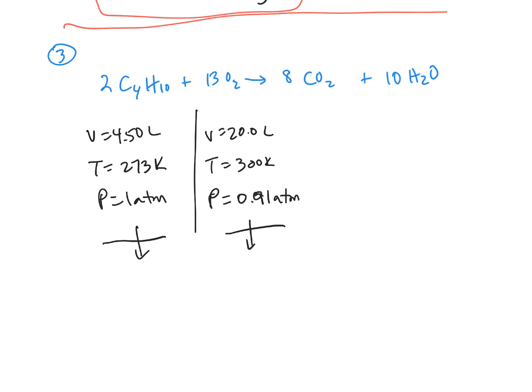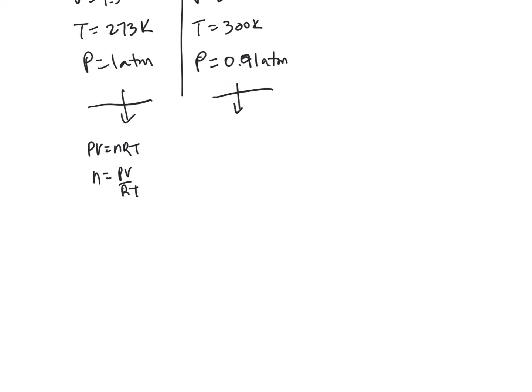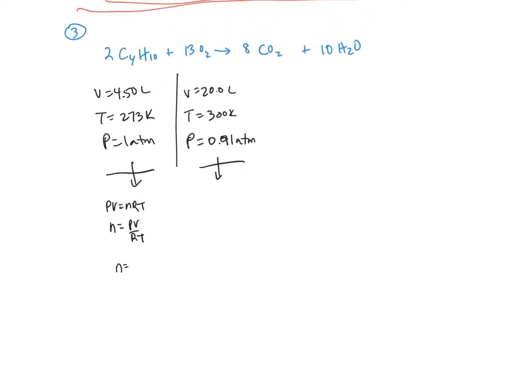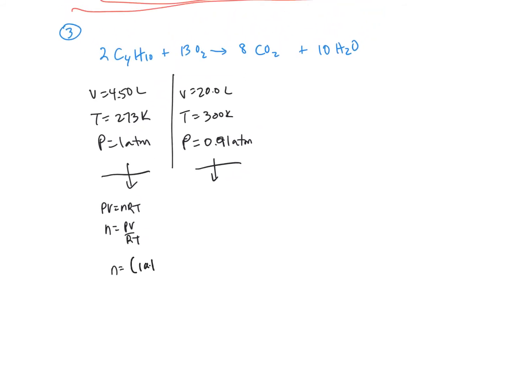So we're going to look for PV equal to nRT. N will be equal to PV divided by RT, right? So n is going to be equal to 1 atmosphere, volume 4.50 liters, R is 0.08206 liter atmosphere per mole Kelvin, and the temperature is 273 Kelvin.